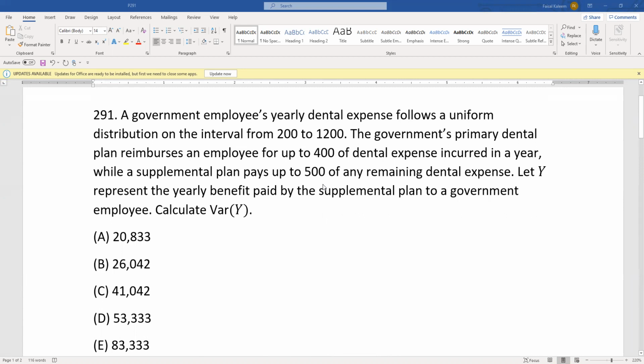Y pays up to 500 of any remaining dental expense after the first plan has paid 400. So up to 400, Y doesn't kick in because Y only pays things in excess of 400. Up to 400, the primary plan takes care of it.